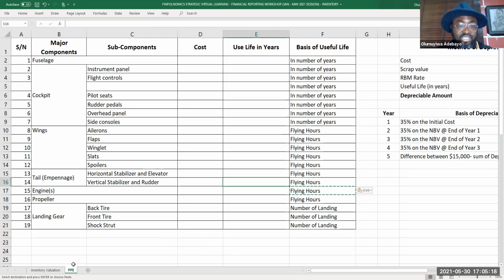Now, I wanted to provide you a practical question on an aeroplane. Now, let me just give an arbitrary cost.